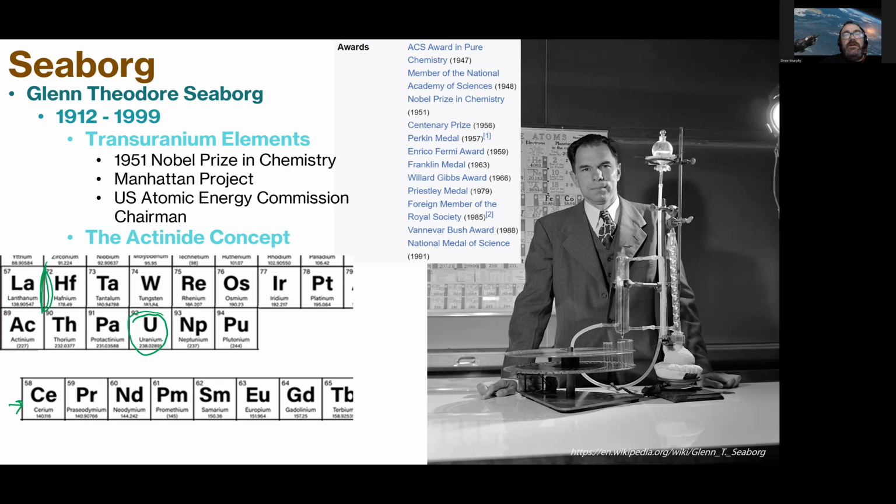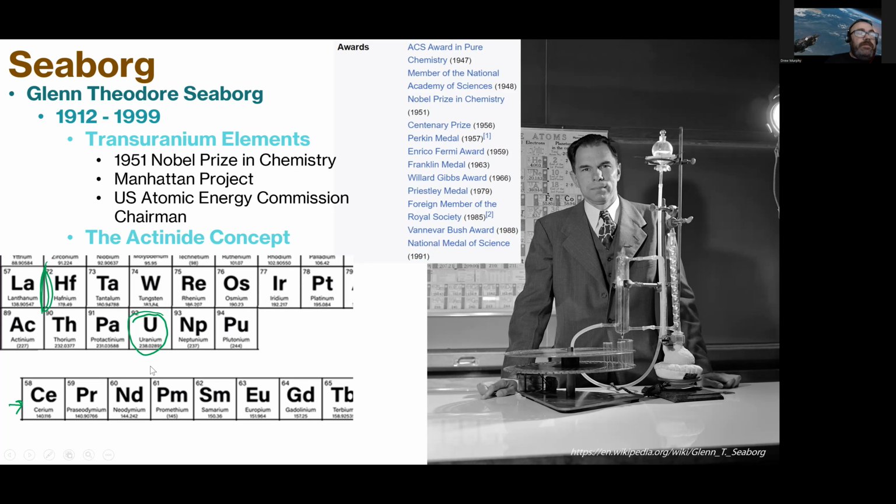It wasn't until Glenn Seaborg came along and said, look, I don't think these are transition metals. I think these are a new set of elements, and they are more closely related to actinium, and they're more like the lanthanides, and so we should call these actinides.